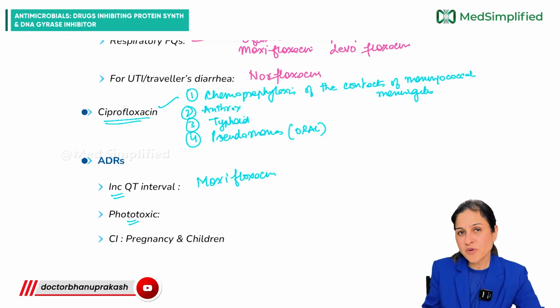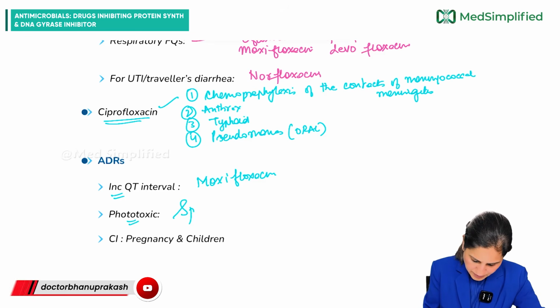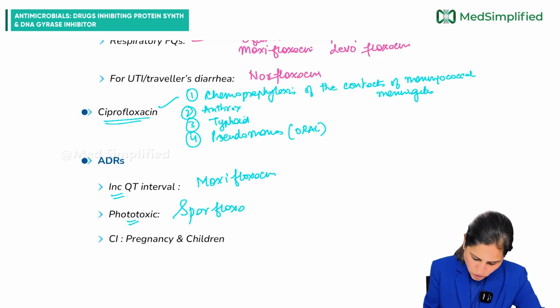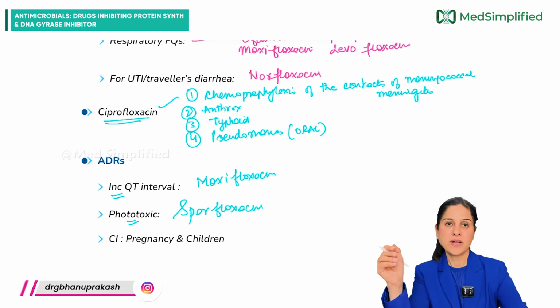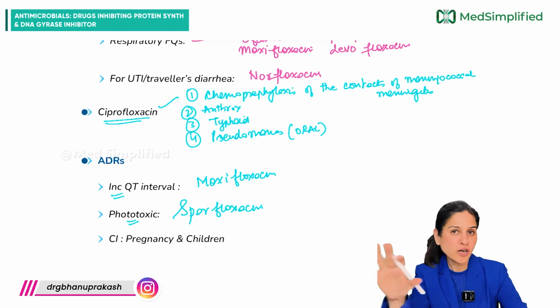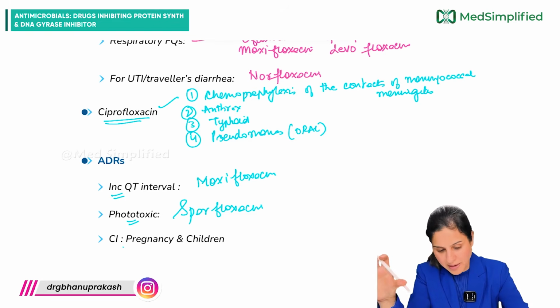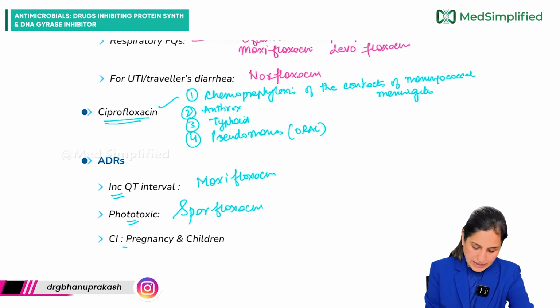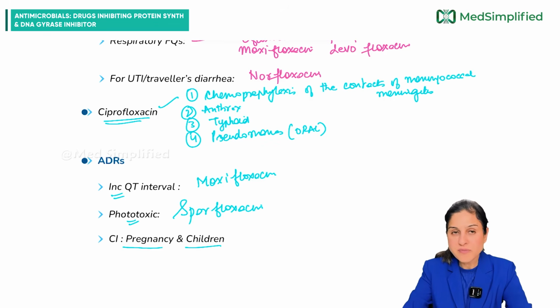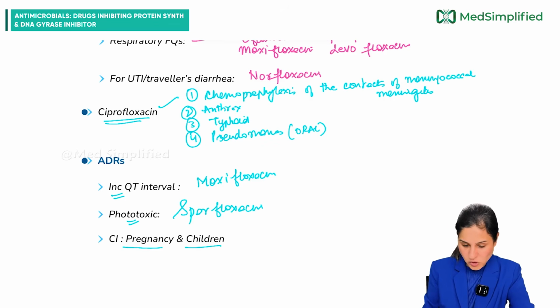Phototoxic. Maximum phototoxicity is seen with spare the sun. Sparfloxacin. Right? So you have to spare the sun. Do not go in the sun directly when you are under the influence of these drugs. Again, these are contraindicated in case of pregnancy and in case of children.